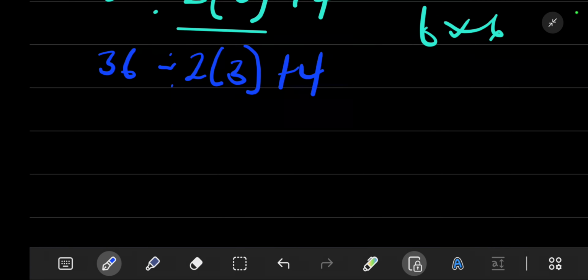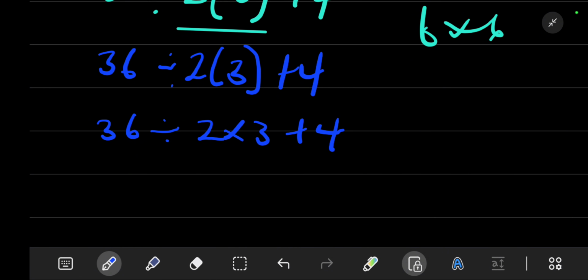We rewrite this: 36 divided by 2 multiplied by this 3 plus 4. And remember, division and multiplication have the same rights. They have the same priority.